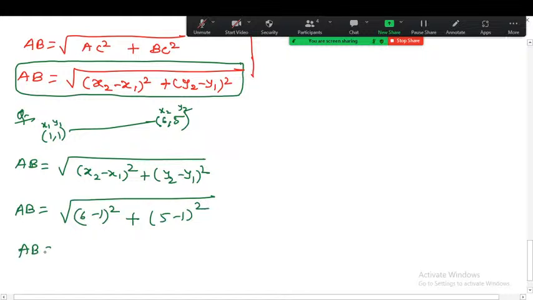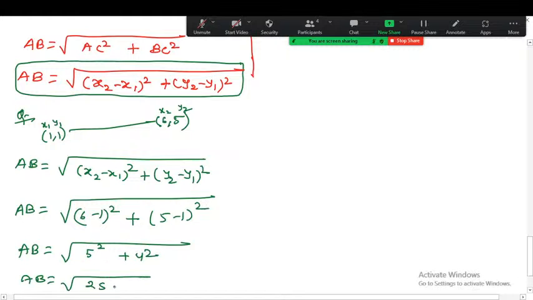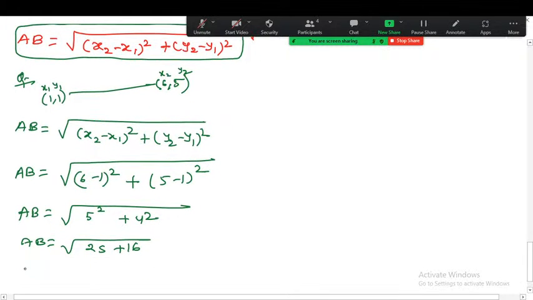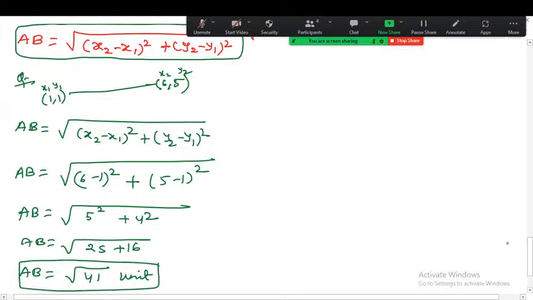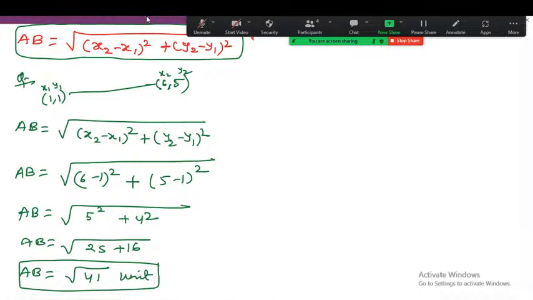Again, you simplify it: 5 square plus 4 square. Further, you simplify this as 25 plus 16, and you can just leave your answer in square root as 41. Root 41 units is the distance that you obtained using the distance formula.